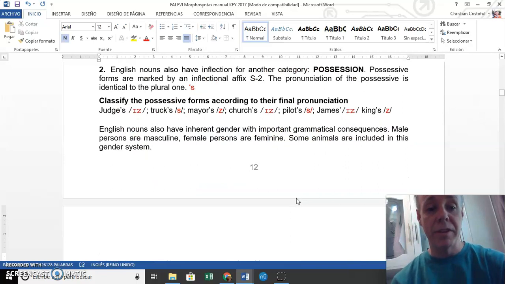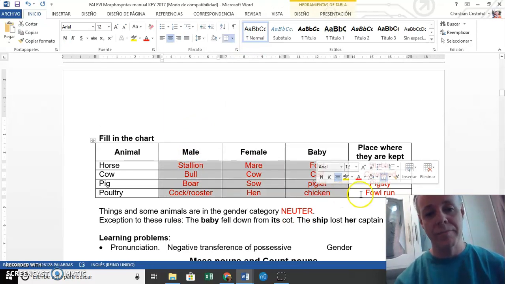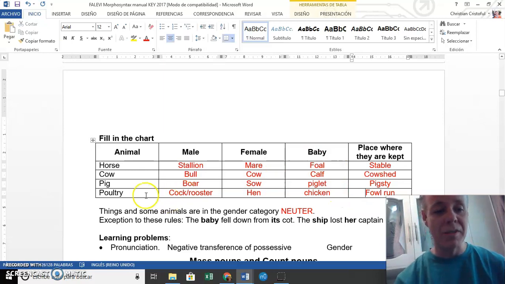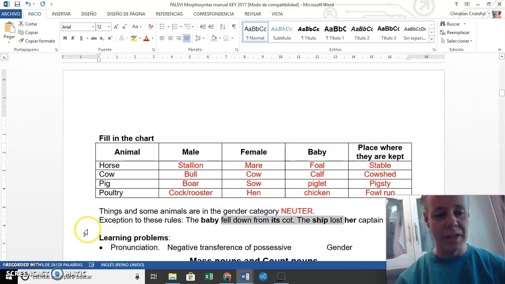They have problems pronouncing possessive forms. They have problems with all the names of the animals. They just know the general name. And this neuter thing with the exceptions is super confusing. So these exceptions are the problems.